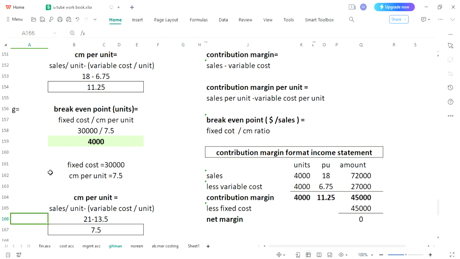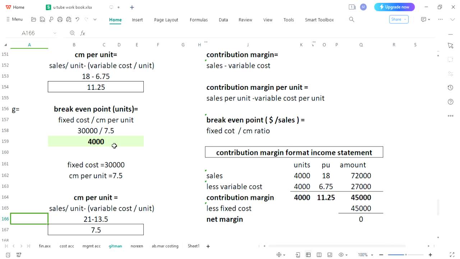Why I haven't proved G and H? It's absolutely similar. In the same way you will put units of G firm, sale price and variable cost per unit for G firm. This way you will get your contribution margin. Fixed cost would be put for G firm. You will again get your zero profit, because for all three firms break even number of units are showing that these firms will get zero profit when they are manufacturing break even number of units.